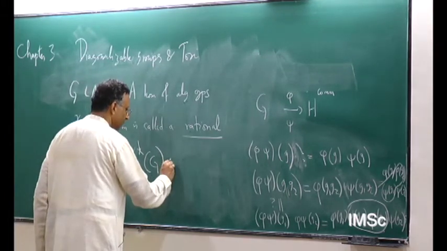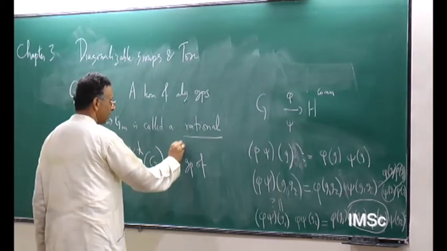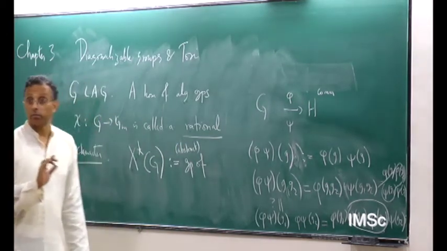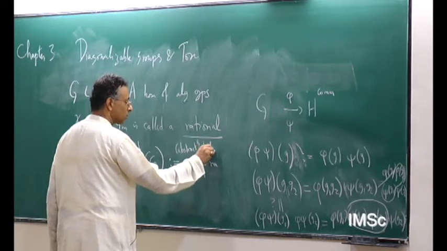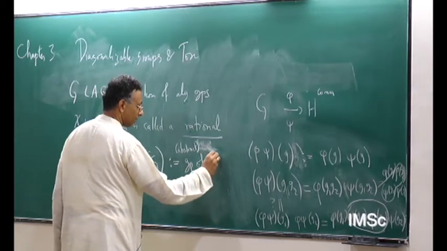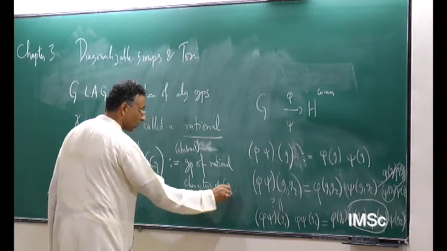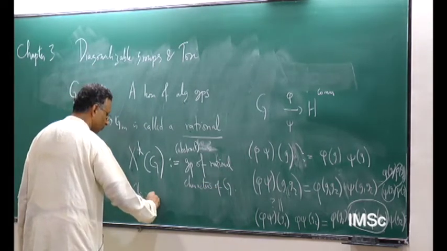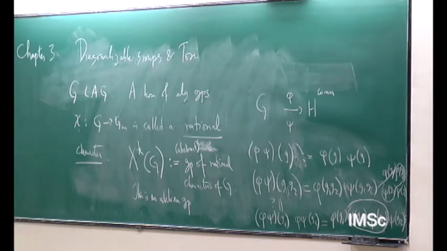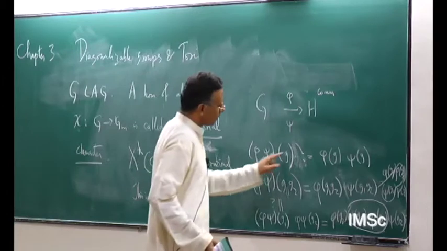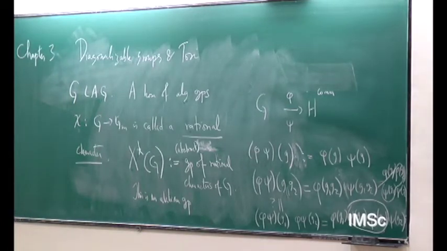So this is, by definition, the group, only as an abstract group, of rational characters of G. This is an abelian group, because H is commutative, and it is written additively.